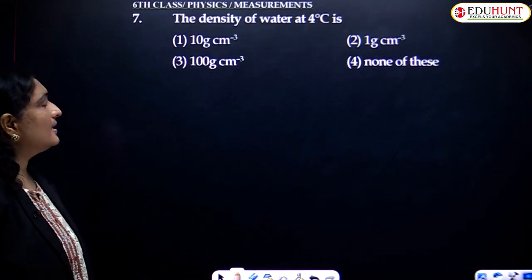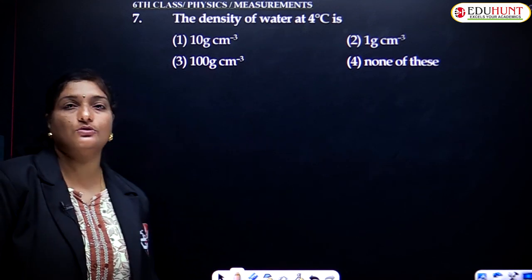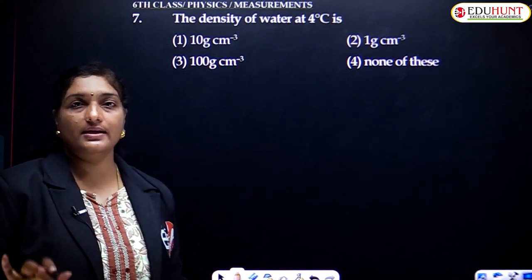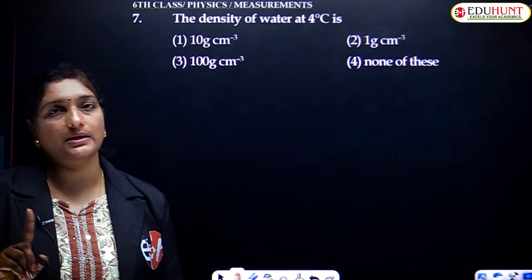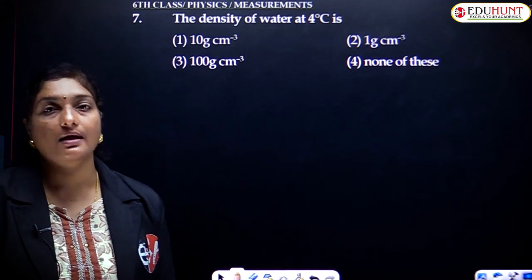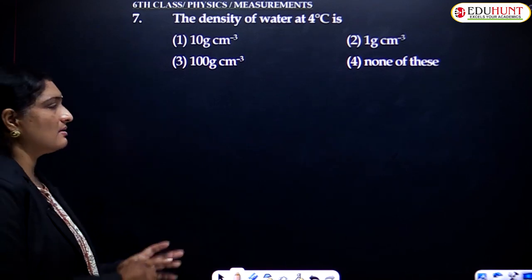Next. The density of water at 4 degrees Celsius is, yes children, this I need to tell you: water at 4 degrees Celsius always has a density of 1 gram per centimeter cube. It is a fixed value.